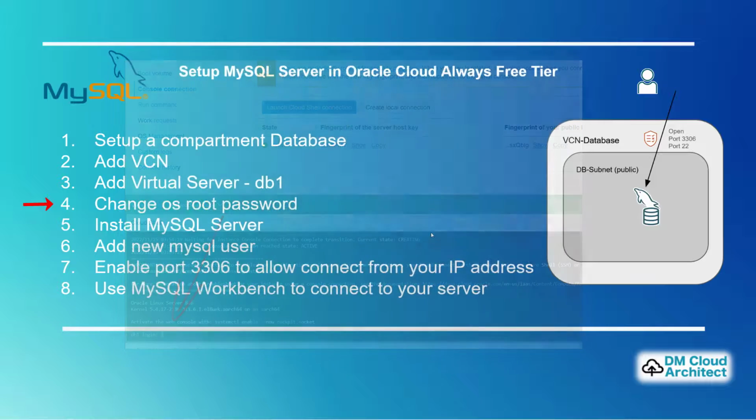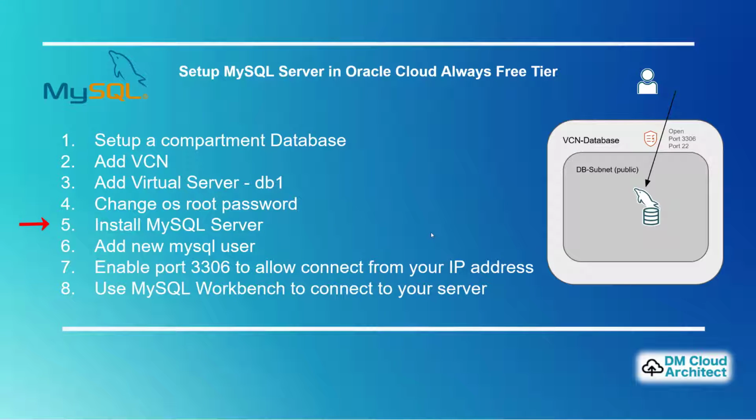Then we're going to install the MySQL Server, just a simple yum command to install the service. Once we have MySQL Server installed, we're going to add the user. It will be your user that you can access that server remotely. And then we're going to enable port 3306, which is the default MySQL port, to access that server directly from your home, so that you can use any application which you like to manage the MySQL Server, MySQL Workbench, for example.